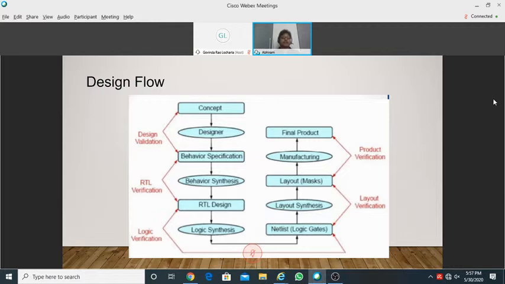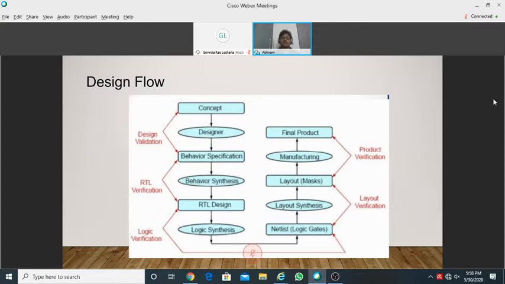we do certain RTL verification to validate. And for concept to behavior specification, there will be a design validation. Mostly this will be proprietary-based flows based on the complexity of the SOC. And once RTL design is there, it's all a generic flow of netlist, layout, DRC, manufacturing, GDS2, everything.